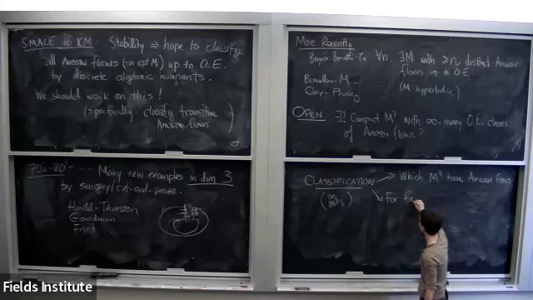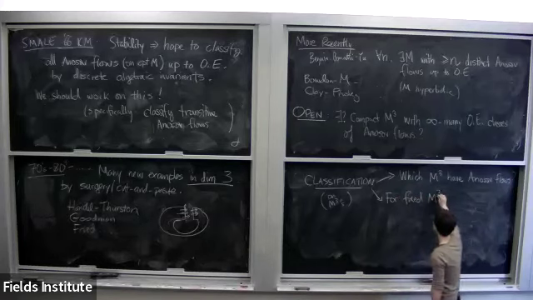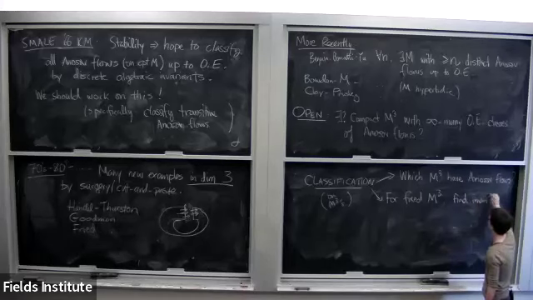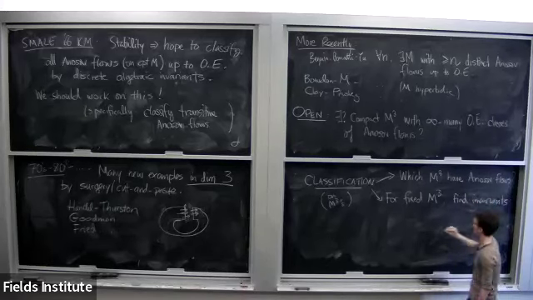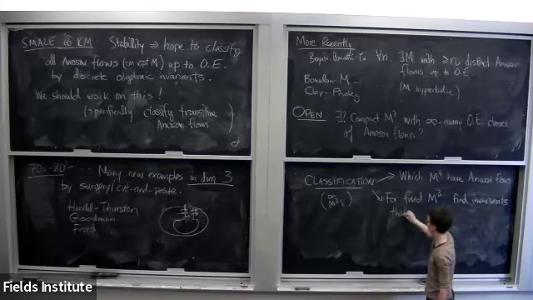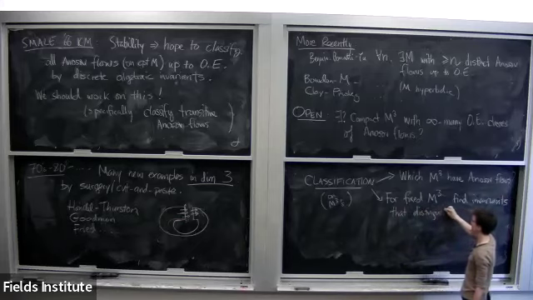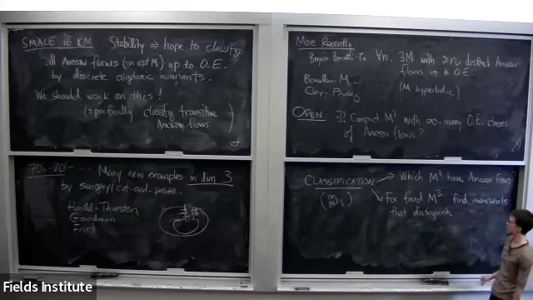And then there's a second part dealing with this kind of zoo, which is, for some fixed three manifold, find invariants that distinguish all the different flows on that particular manifold.